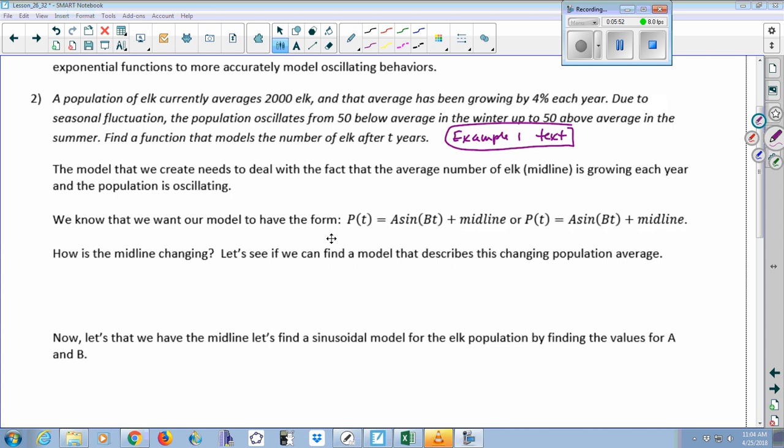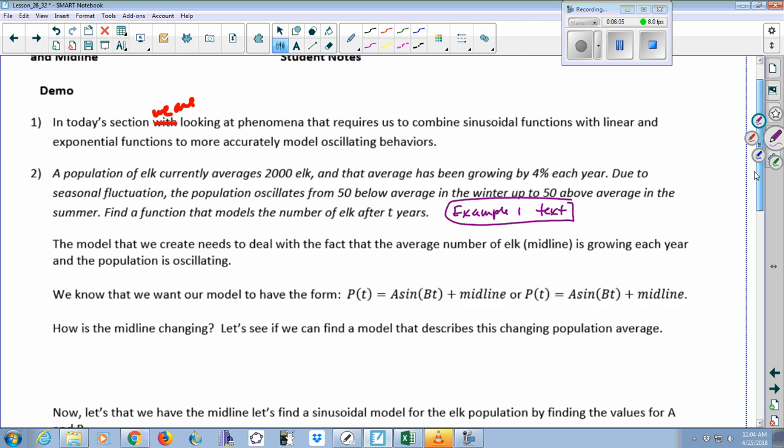So one of the things we have to keep in mind is some real basic ideas about exponential functions. What do we know about exponential functions? It has a decay rate or a growth rate that's a constant percentage. So one model we could look at, as a quick review, since we're talking about a population, would be P sub naught, your initial population.